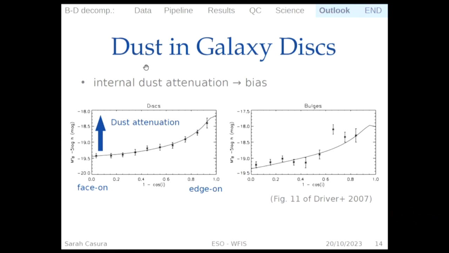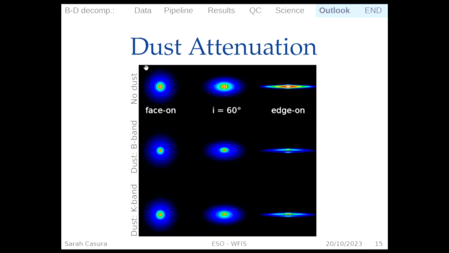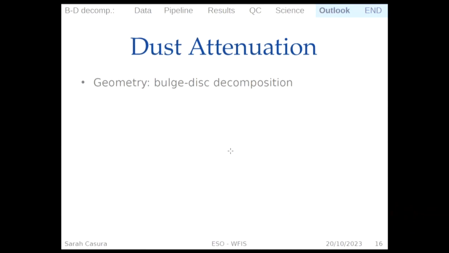I think Bogdan in his next talk will talk a lot more about this as well. But here's the same information from a simulation, where you can see it depends on inclination, it depends on wavelength, of course, it's much less bad in the K band than in the B band, and it depends on the geometry, so that's why we need Bulge-disk decompositions to do this properly.